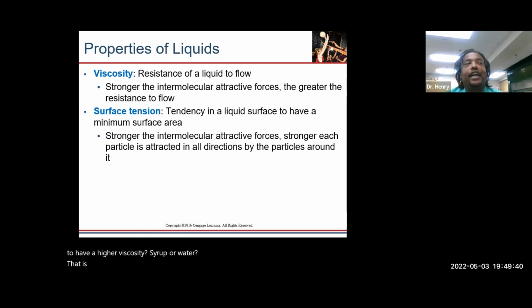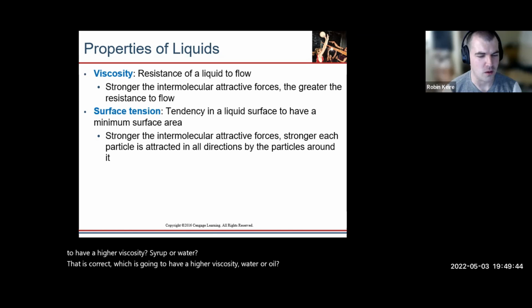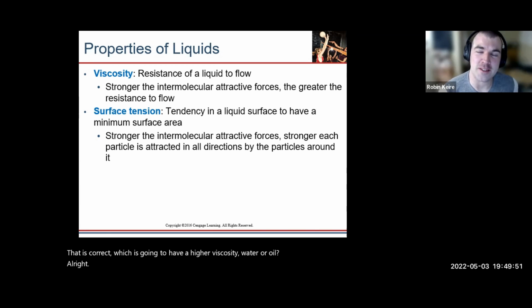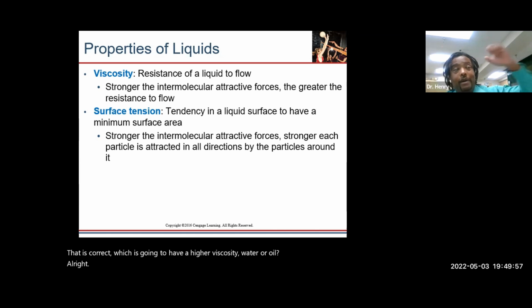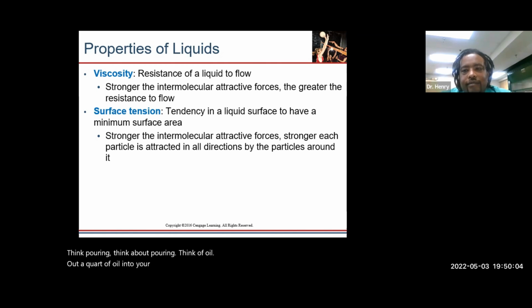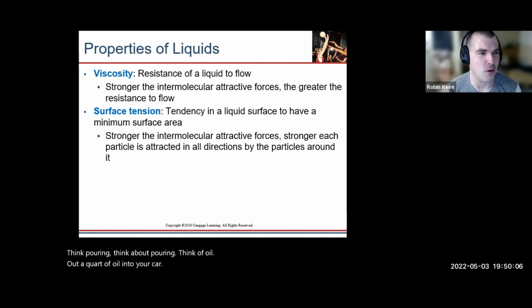Which is going to have a higher viscosity, water or oil? I think water. Well, I don't know, because you use oil to lubricate things too. Think about pouring a quart of oil into your car. Okay, then yeah, the oil would be more viscous.